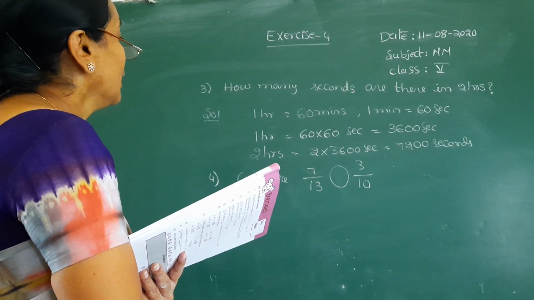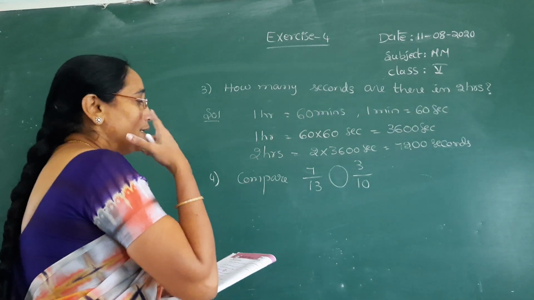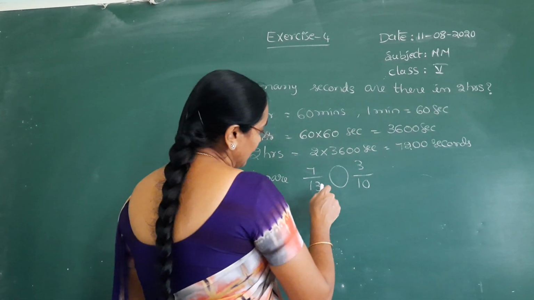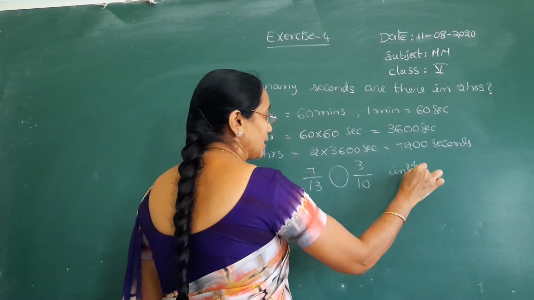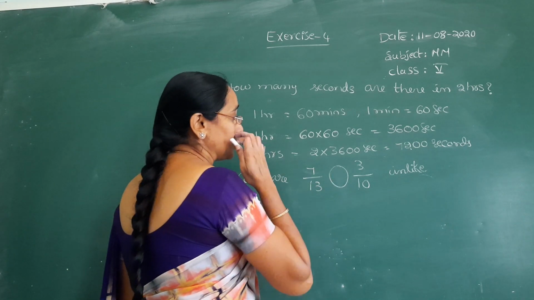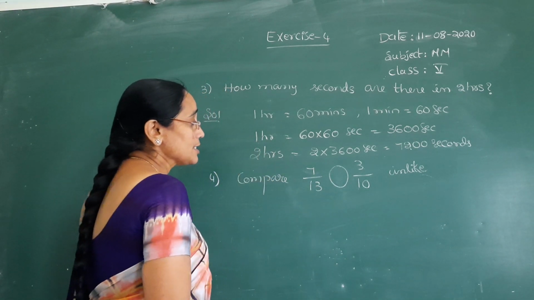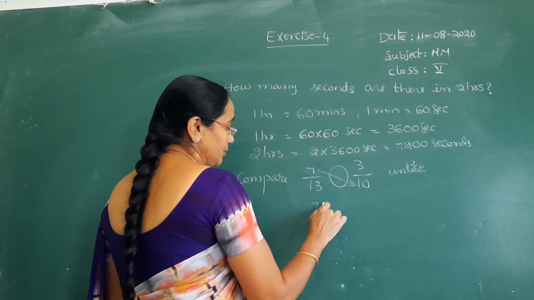See here, in the earlier exercise I already explained how to compare fractions. These two are unlike fractions, where no numerators are the same and no denominators are the same. So in this case you have to take the cross products. 7 into 10 is 70, and 13 into 3 is 39.